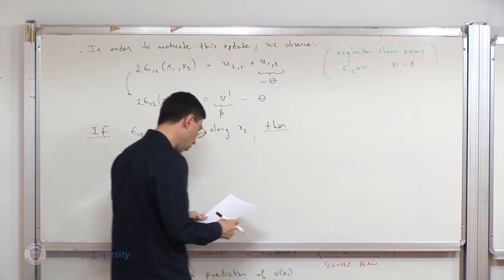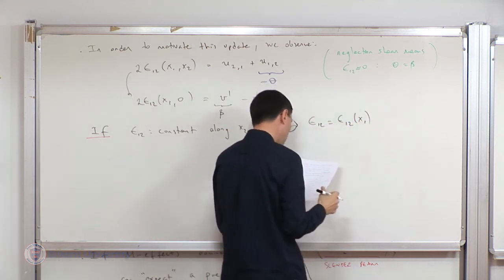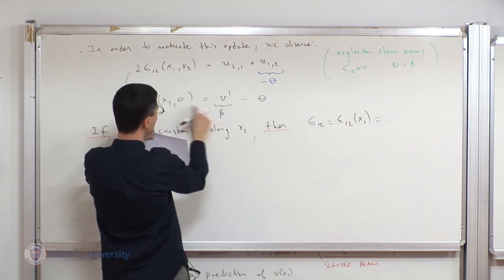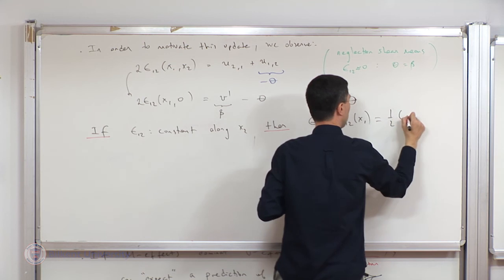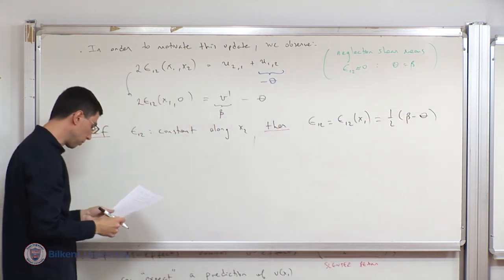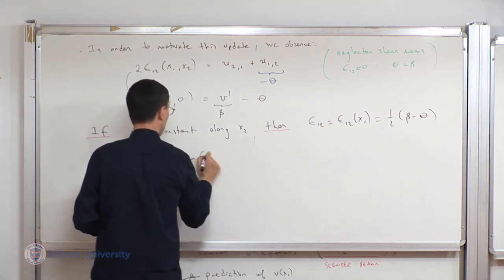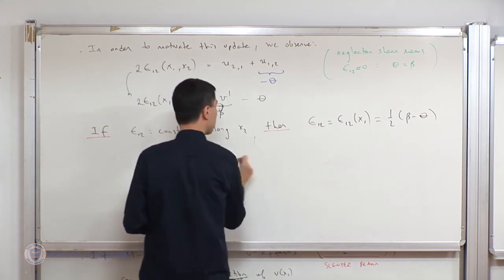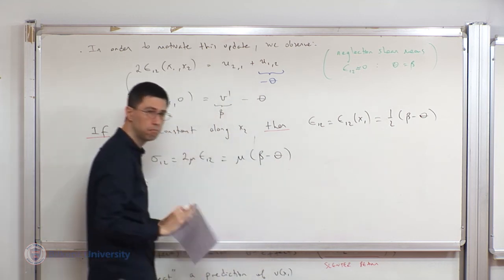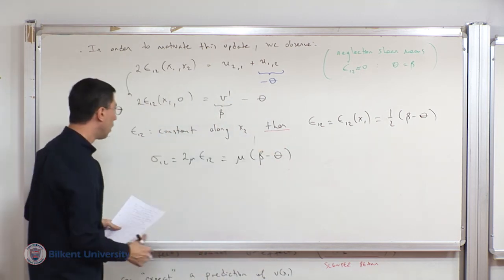But suppose it does hold, then epsilon 1,2 is equal to a function of x1 only, and it is equal to, if it's a constant, simply 1 over 2 times beta minus theta. It's just a sort of thought experiment. So in that case, sigma 1,2 is equal to 2 mu epsilon 1,2. And so 2 mu times that is simply mu times beta minus theta. Okay? So the only assumption I made so far is that.